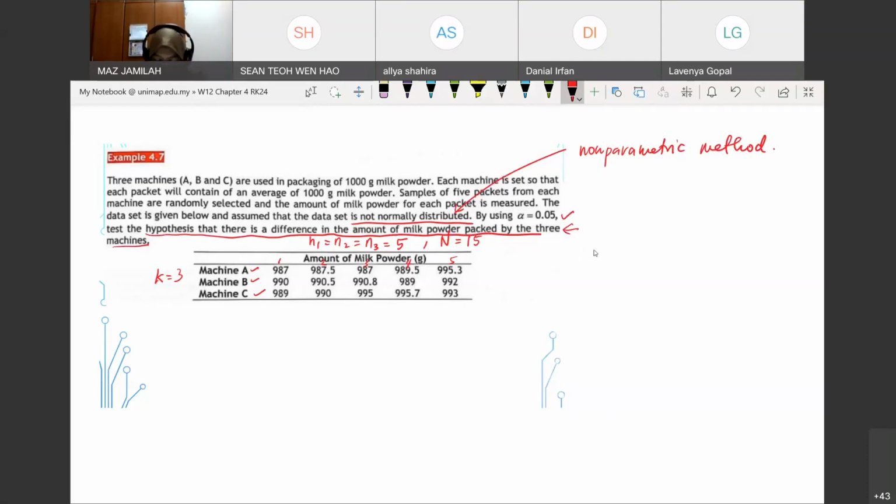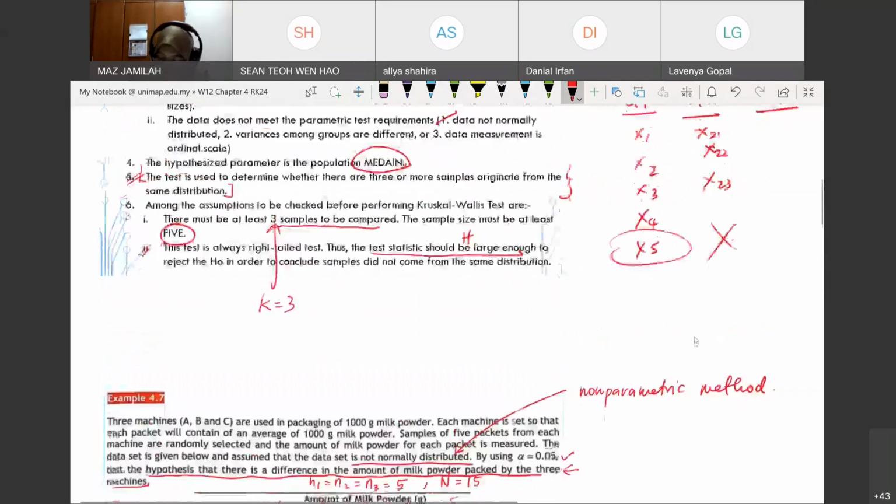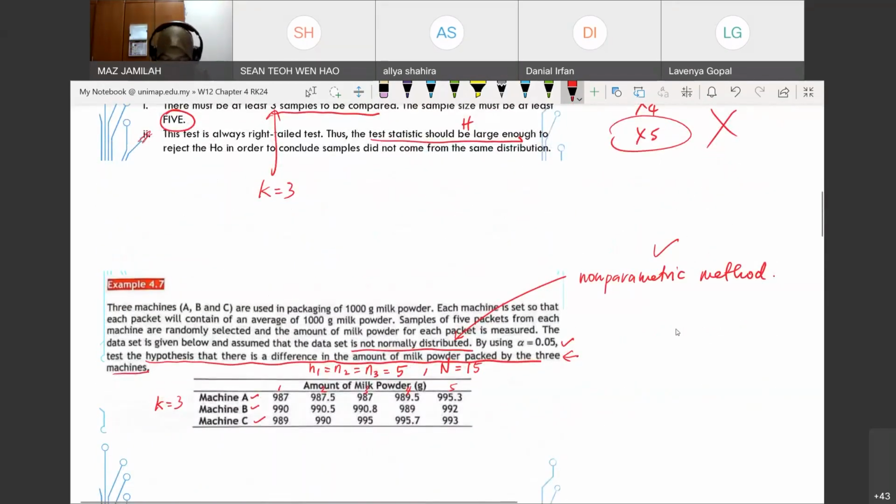Now, let us begin with the solution of this particular example. You can have your step 1, either using sentences in your null and alternative. The null will be there is no difference in the median. The word median should be included so that it displays that this is a non-parametric method.